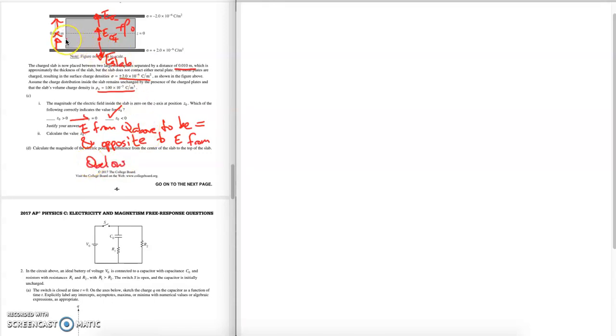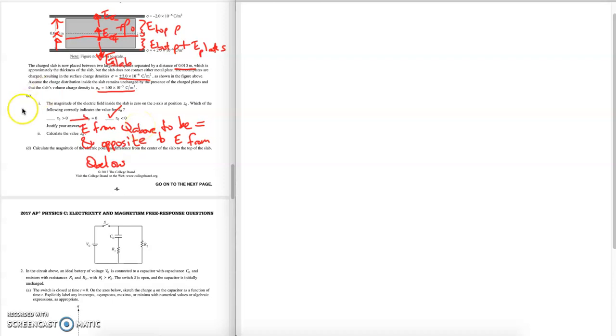Because if we draw a line here, the E of the top of rho, down there, E of the bottom of rho, plus E of the plates, they have to cancel each other out. That's how you get electric field of 0. Again, all we're doing is vector addition here. We just happen to be doing vector addition with electric charges.